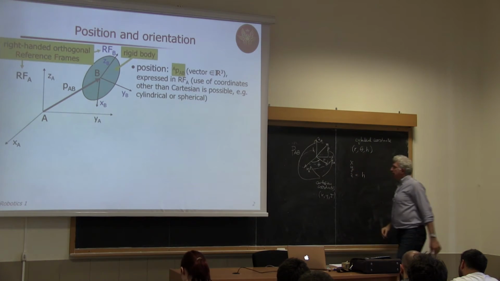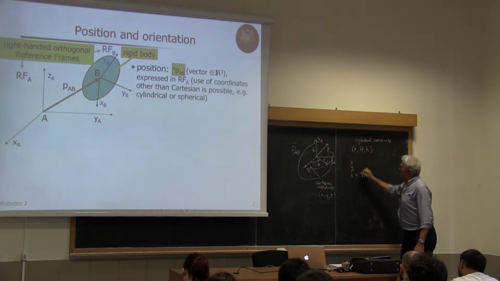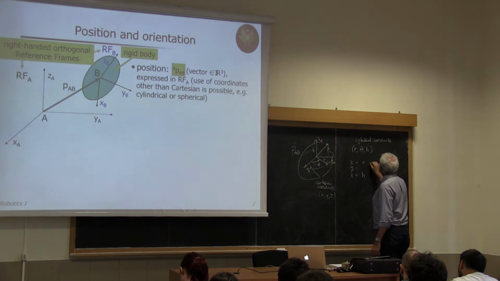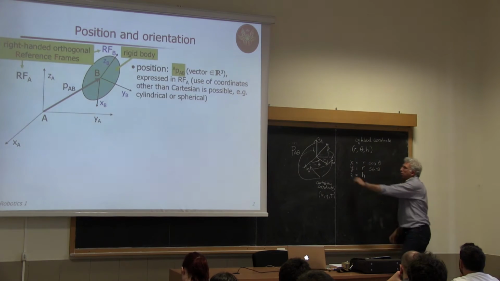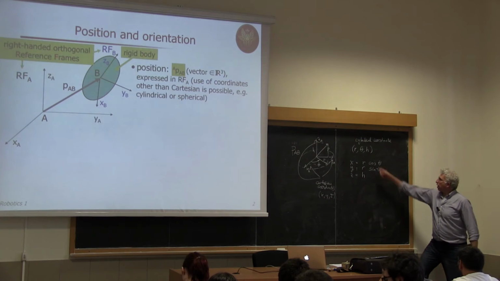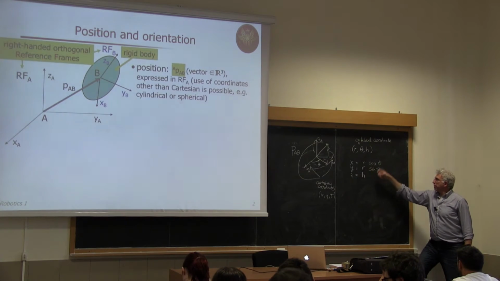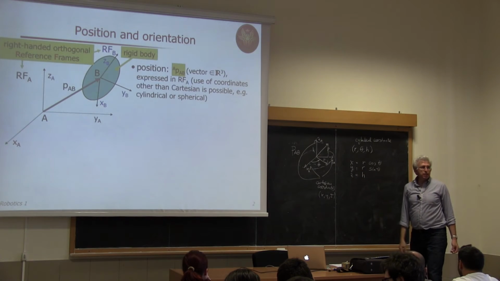Well, the third one is easy. z is just the height, h. While the other two are r cosine theta and r sine theta. So given a representation of this vector with cylindrical coordinates, so a triple r, theta, h, you can compute Cartesian coordinates.